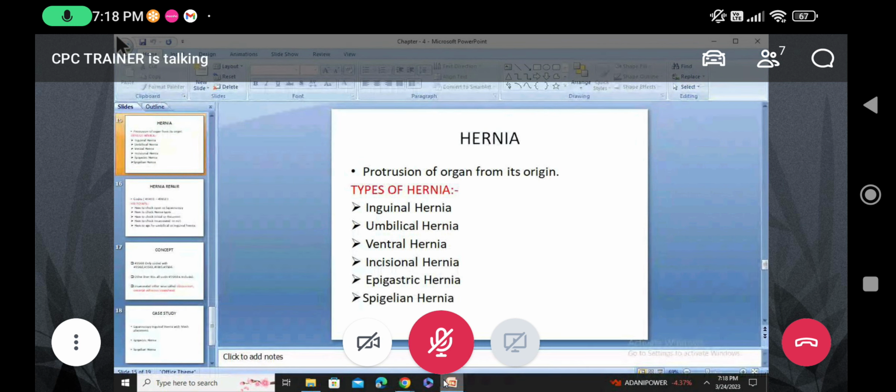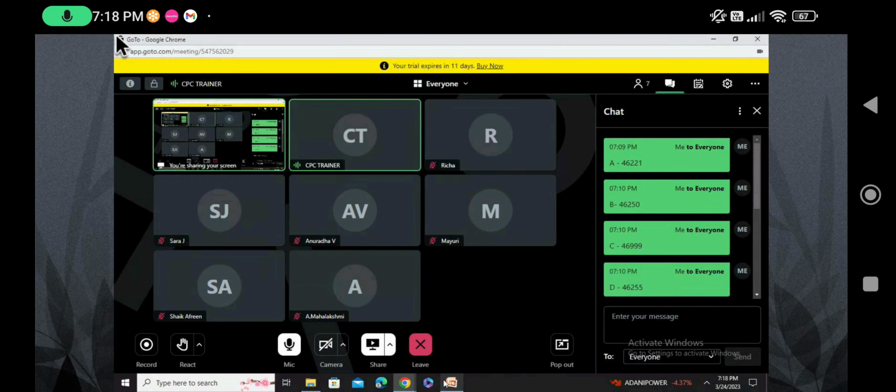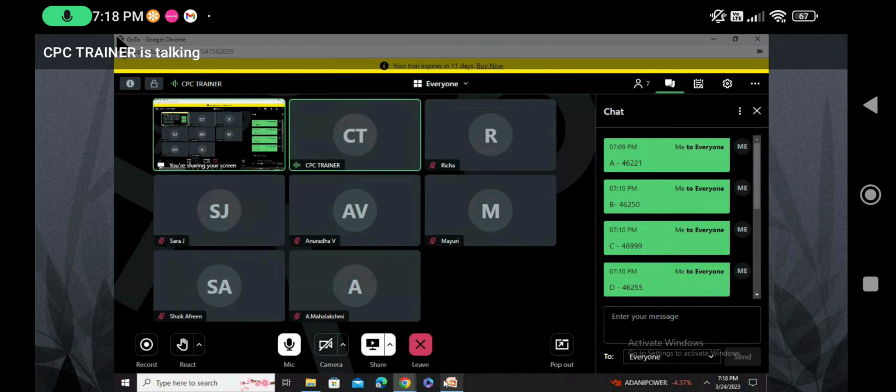Okay, guys. So here I mentioned types because in your exam sometimes in anatomy they ask questions from hernia types. Sometimes they give a question asking which one comes under hernia, and they give four options. If you know the hernia names, then only you are able to choose the answer.